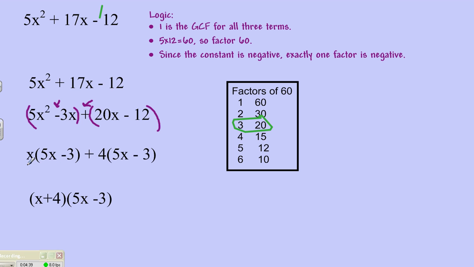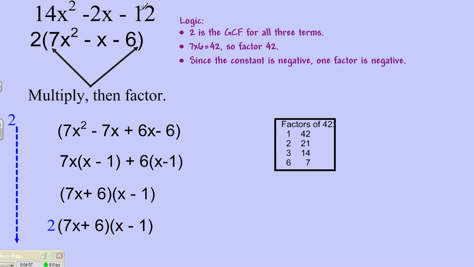So then I have x times 5x minus 3, and I have 4 times 5x minus 3. So I'm finished.